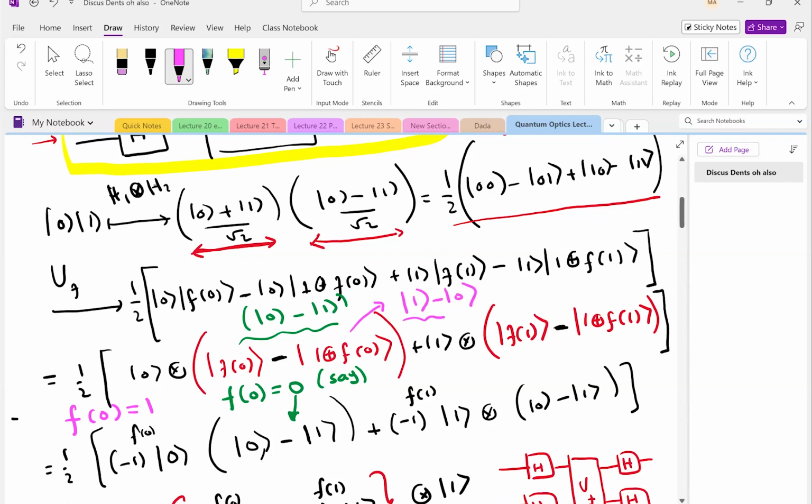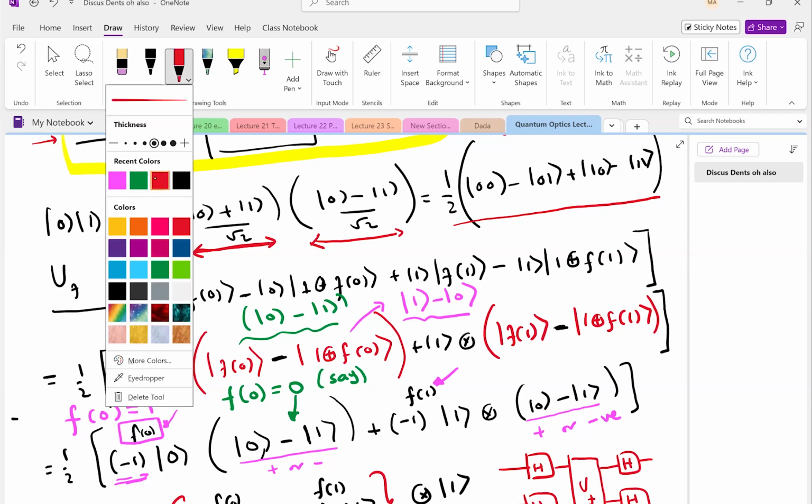Now, this scenario is captured in this exponent over here. So I put a minus 1 sign as a scalar coefficient and exponentiate that minus sign up to f of 0, the value of f of 0. So this can be positive or negative, depending upon the value of f of 0. Likewise, this term can be positive or negative, depending upon the value of f of 1. So this is really simple and really intuitive.